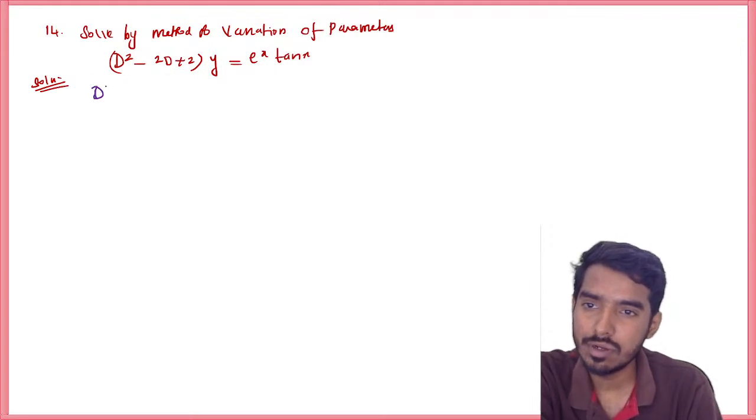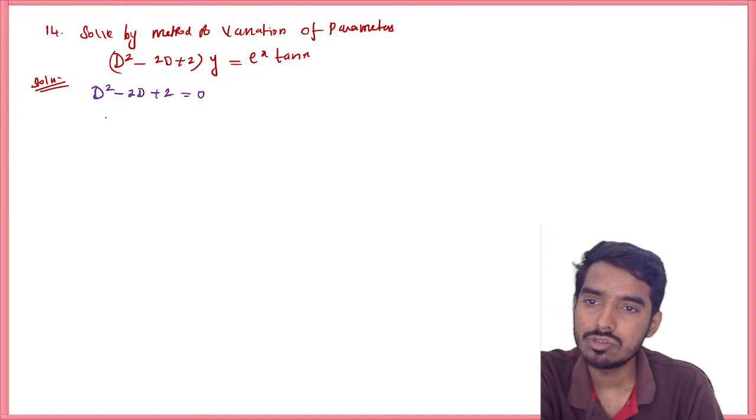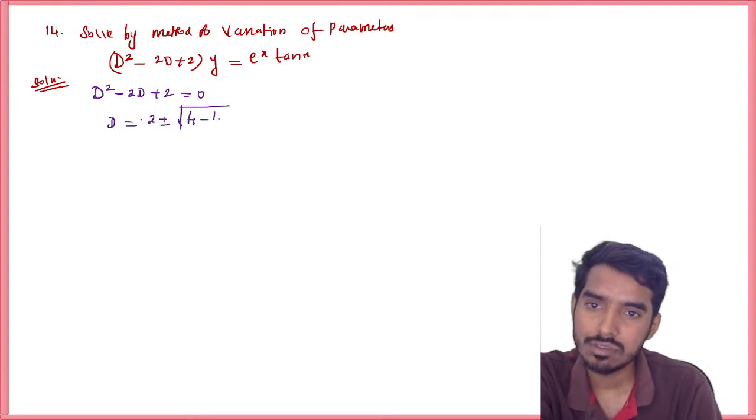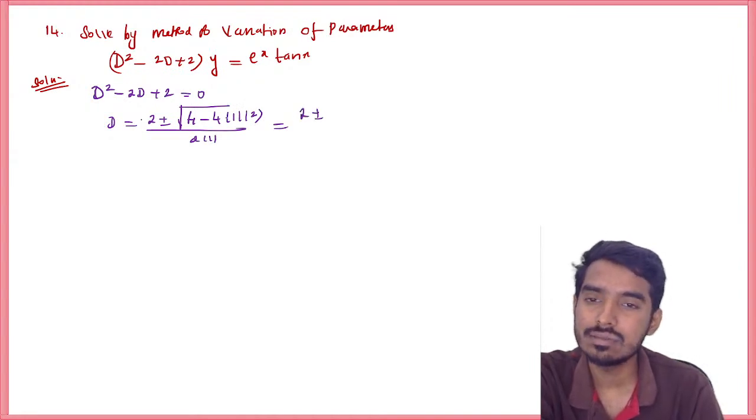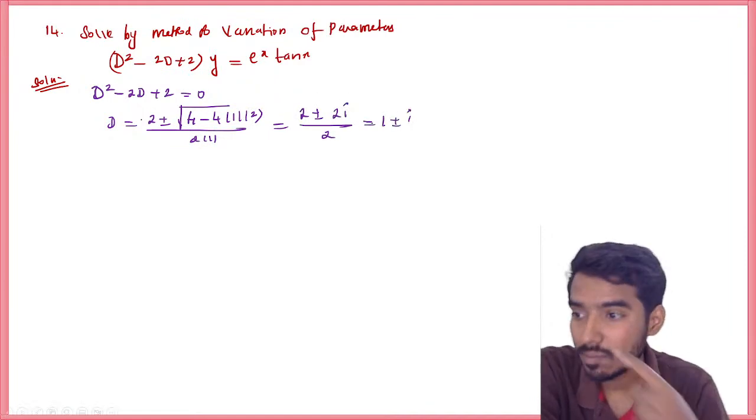First we need to put the right-hand side equal to 0. So we have the auxiliary equation, and if I solve this, you will have D equal to 2 plus or minus √(4 − 8) divided by 2, which is 1 plus or minus i.